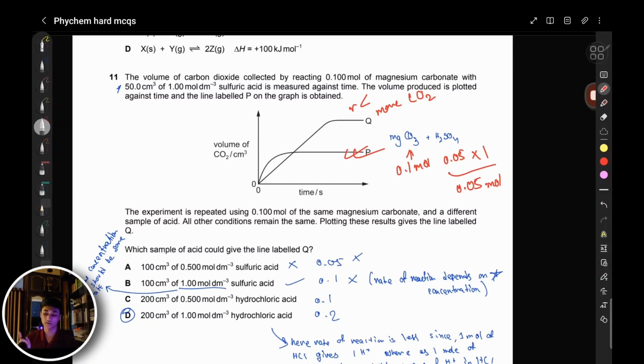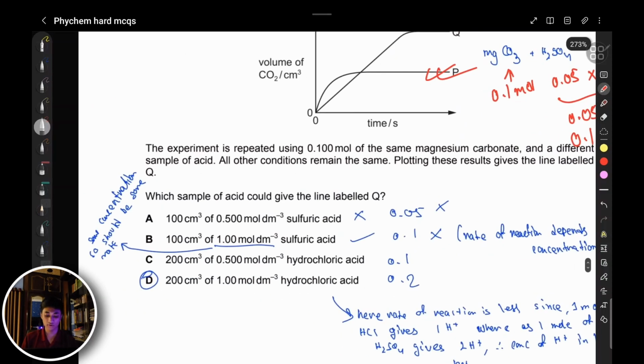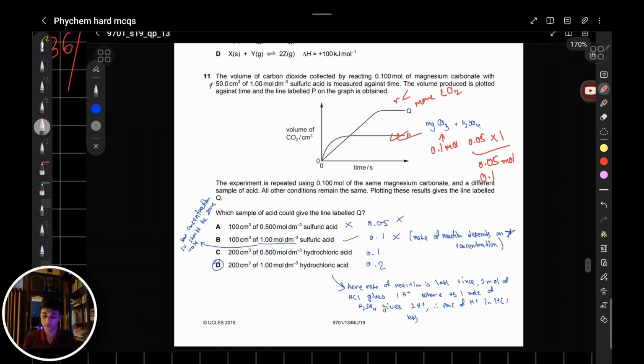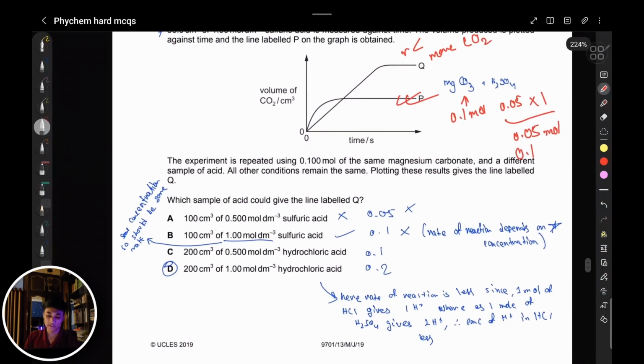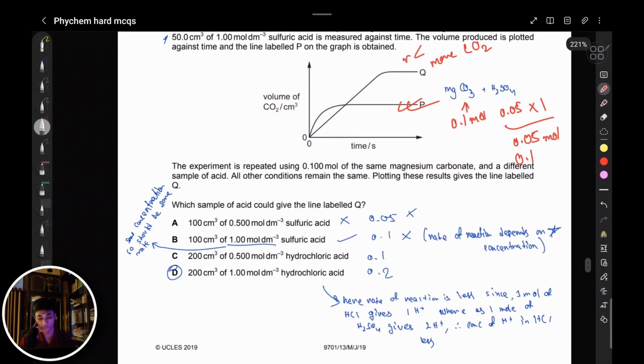We're looking for an option where either it is still H2SO4 but double the moles, which would be 0.1, or a different sort of acid and a different set of volume and concentration to give you a different mole. So let's look at the different options. We have to get more volume of CO2. Keeping that in mind, let's look at the first option, which is 100 cm cube, 0.1.